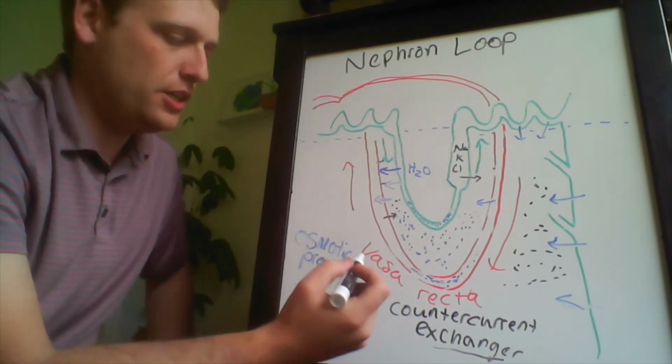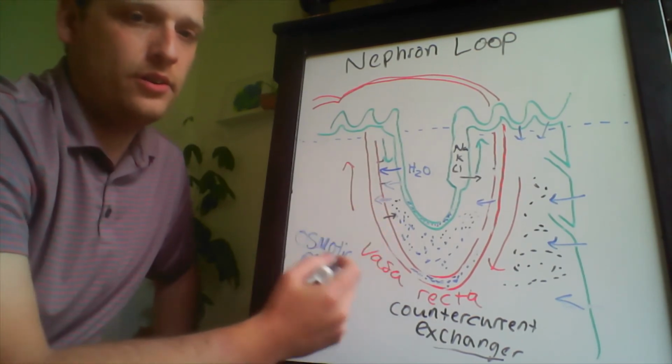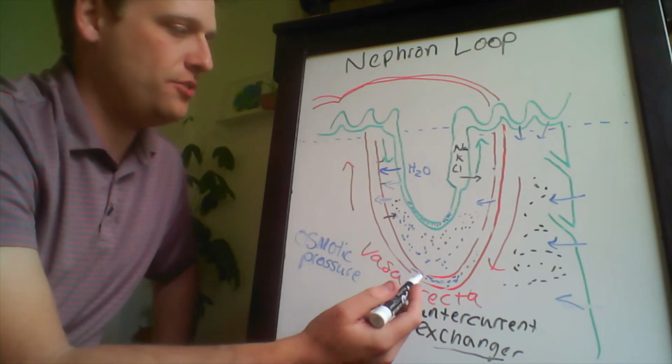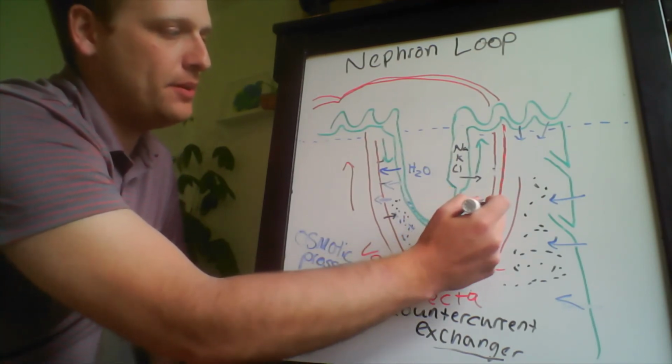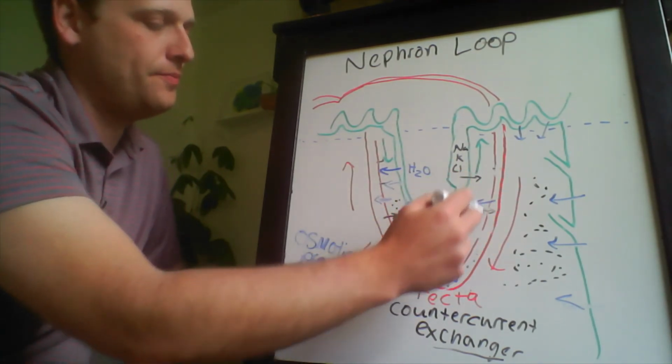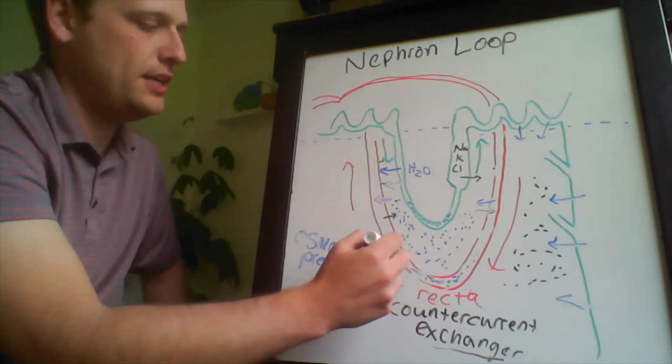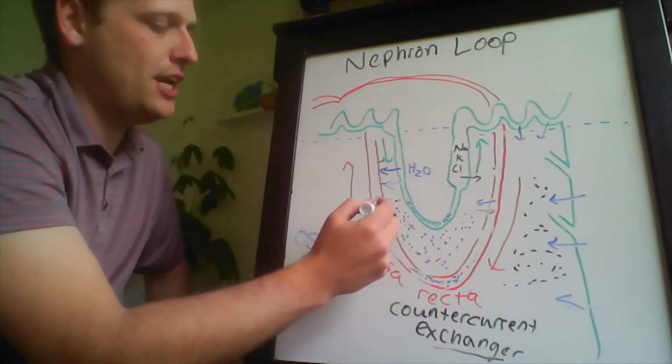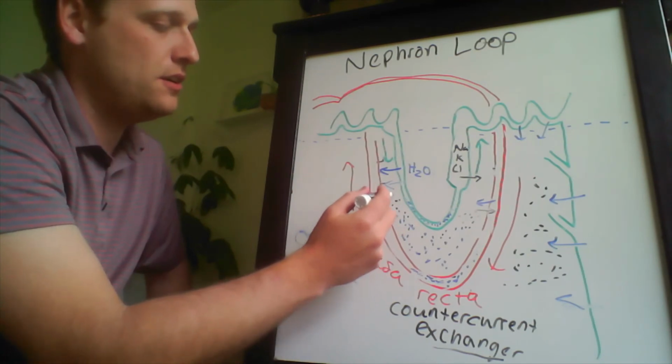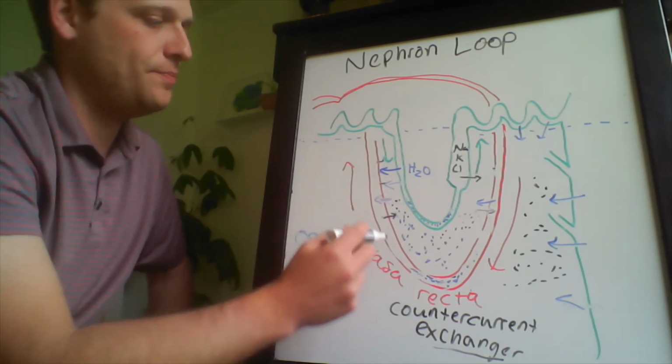So essentially you're getting water for electrolyte exchange. Here you're picking up electrolytes and losing water, and it becomes more and more concentrated, and then you're exchanging again those electrolytes to pick up water here.